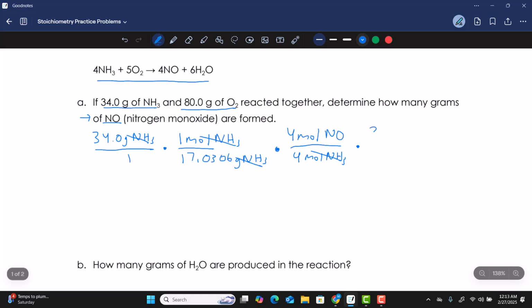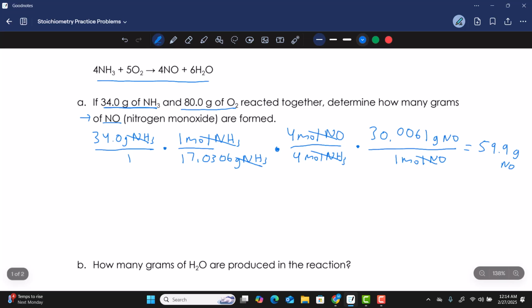And so we get 30.0061 grams of NO is 1 mole of NO. And so when we multiply the entire thing, we would get 59.9 grams of NO. So now we found this.